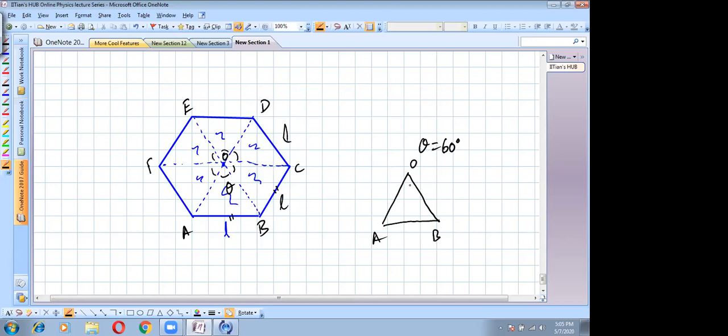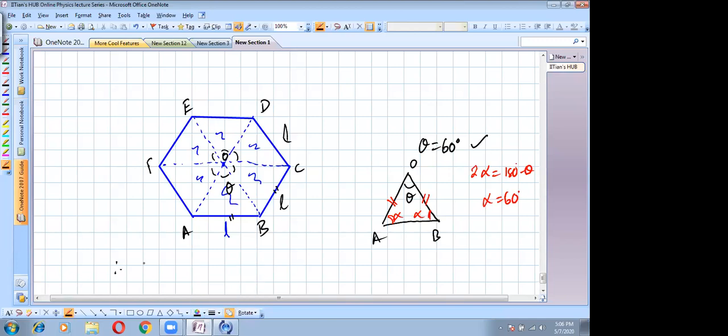EBO. Now I know that this angle theta is 60 degrees. I also know that within this triangle, by symmetry, this side is equal to this side. That means this angle is equal to this angle. So this angle is alpha, this angle is also alpha. So you can see 2 alpha is equal to 180 minus theta. So from that you can see that alpha is also 60 degrees. So that is what is showing that each of these triangles is equilateral.